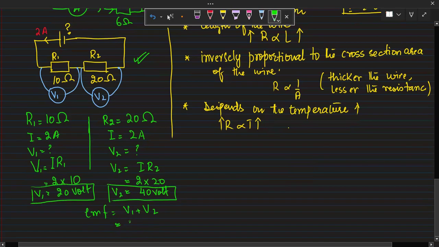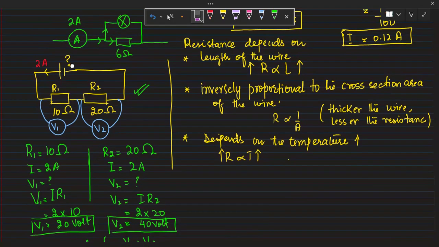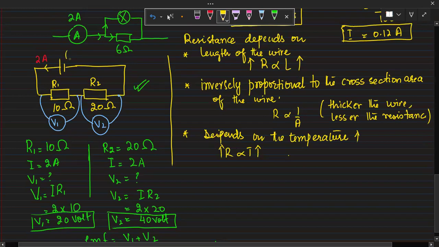So here we go, 20 plus 40, we're going to have a 60 volt cell. Ideally we do not have a 60 volt cell, but for this calculation we can assume 60 volt.